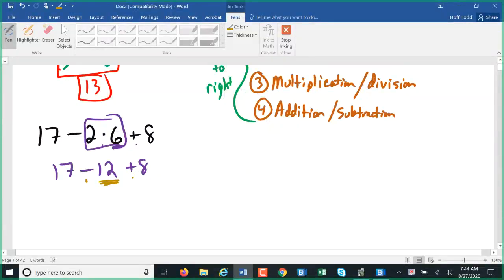So if both operations have the same level of priority, we perform the one on the left. We check that 17 doesn't have anything else on the other side that's more urgent, so we can go ahead and combine. 17 minus 12 is 5. And then all that's left is the 5 plus 8, which is 13. So you can see we get the exact same answer.